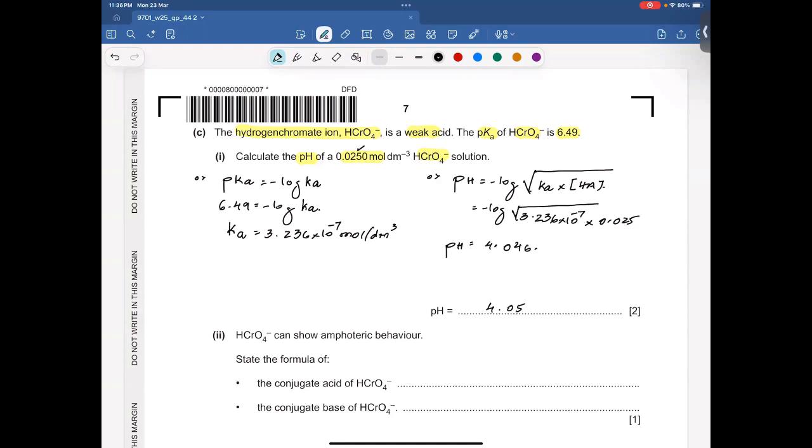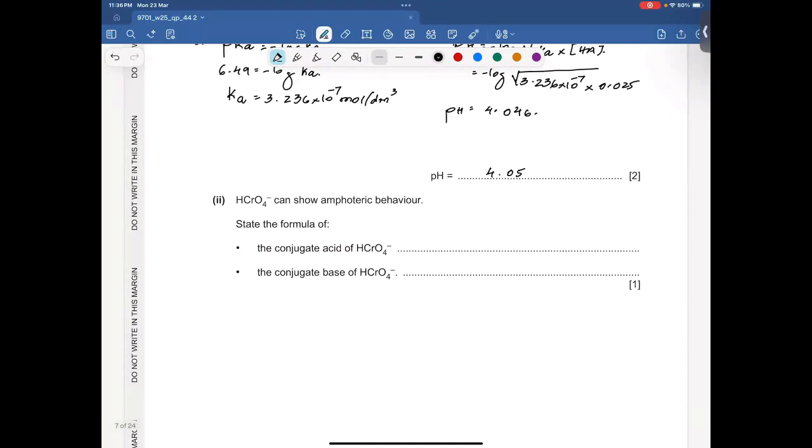Okay. Hydrogen chromate shows an amphoteric behavior. So when this hydrogen chromate reacts with hydrogen ion, it will turn to H2CrO4. So if it is a base, because it is accepting a proton, it means it is a conjugate acid.